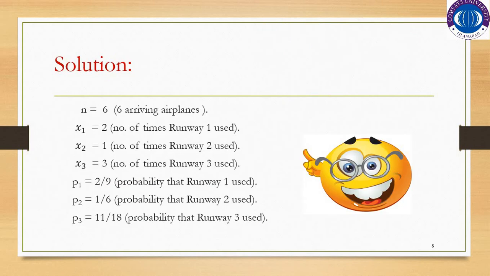Now, what we have seen from the example is that the experiment is performed n times, n is equal to 6, x1 is associated with runway number 1, x2 is associated with runway number 2, and x3 is associated with runway number 3. As you all know, P1 is equal to 2 by 9, P2 is equal to 1 by 6, P3 is equal to 11 by 18.